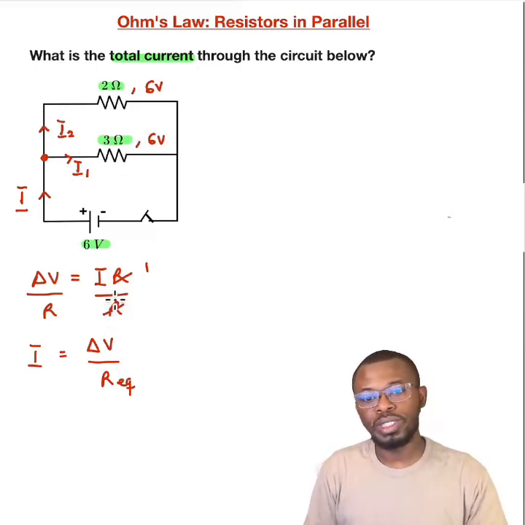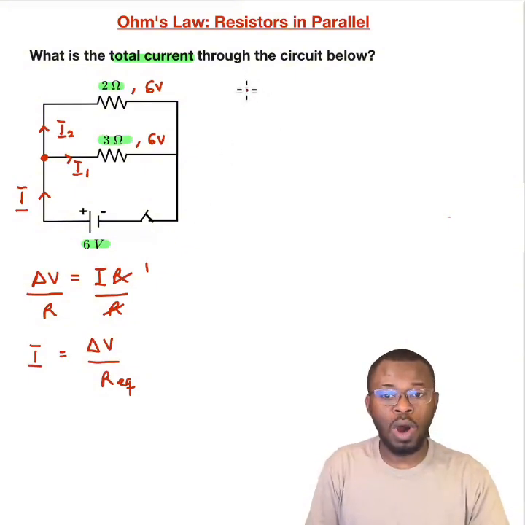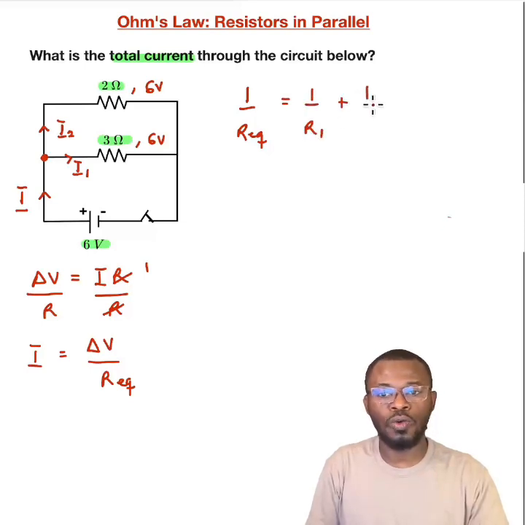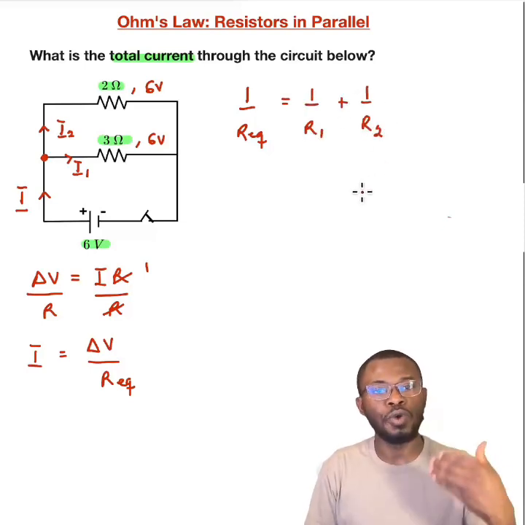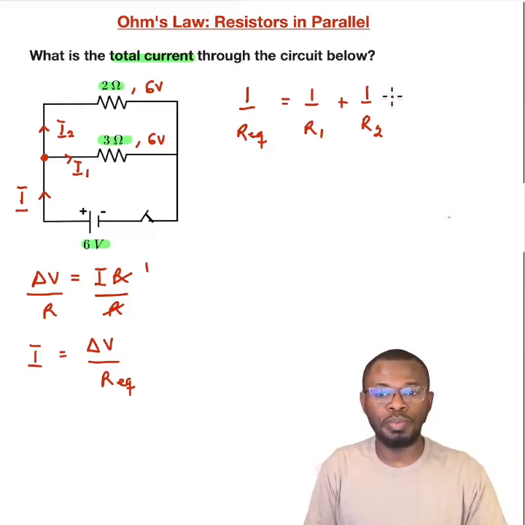When resistors are in parallel, the total resistance is given by 1 over R equivalent is equal to 1 over R1 plus 1 over R2. If you have more resistors in parallel, such as a third resistor, then it's plus 1 over R3. If you have more, then you keep adding all the way to 1 over Ri.